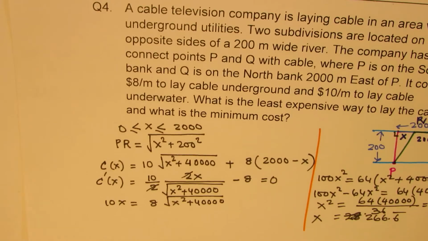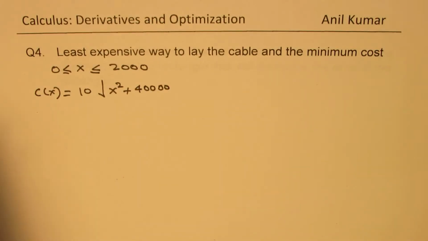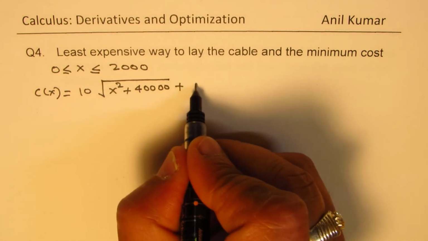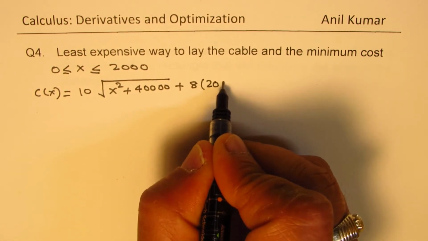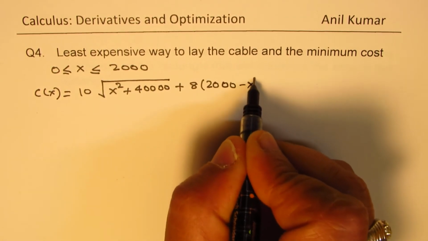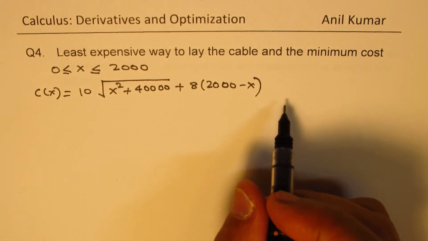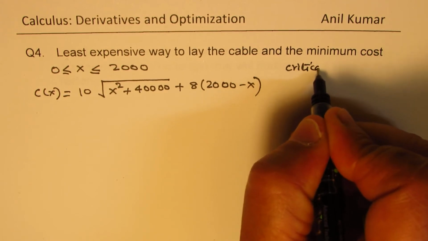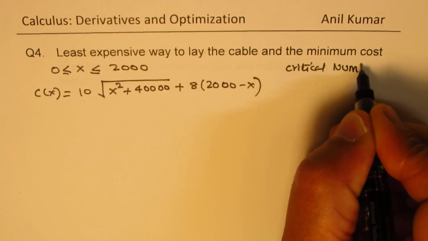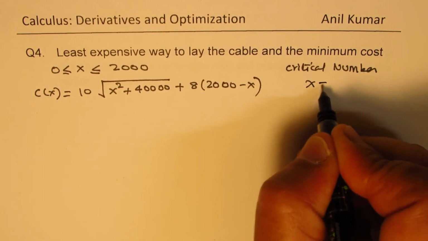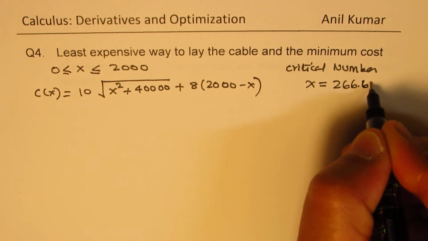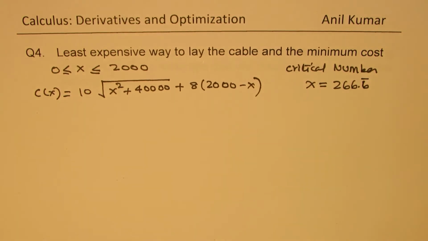We're taking the values from our previous equations. Plus 8 times (2000 minus x), right? So we got a critical number for x equals 266.6 recurring, right? That is what we got.